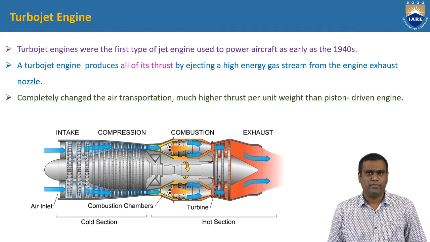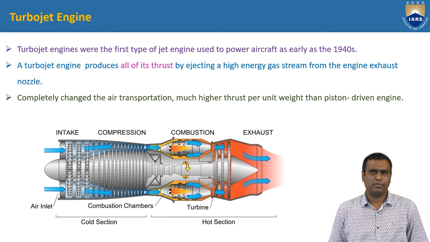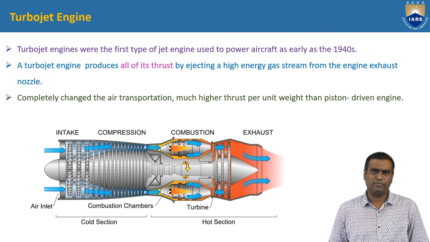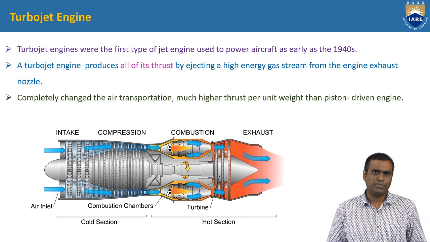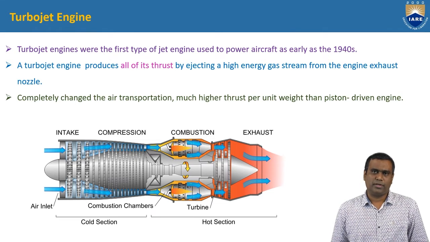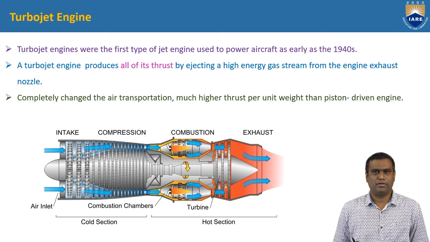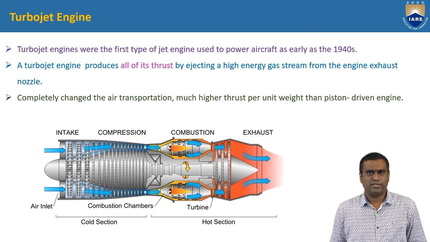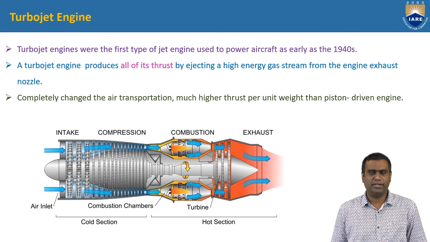Turbojet engines were the first type of jet engine to power aircraft, as early as the 1940s. A turbojet engine is an engine which produces all of its thrust by ejecting high energy gases through the nozzle. This engine changed air transportation completely.